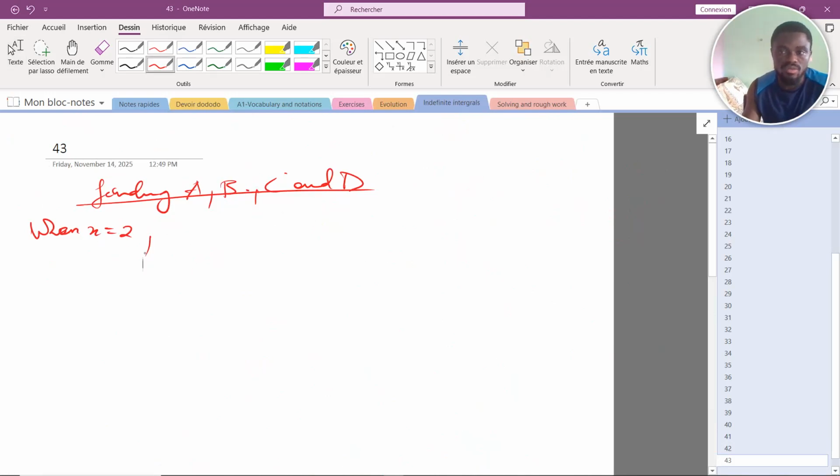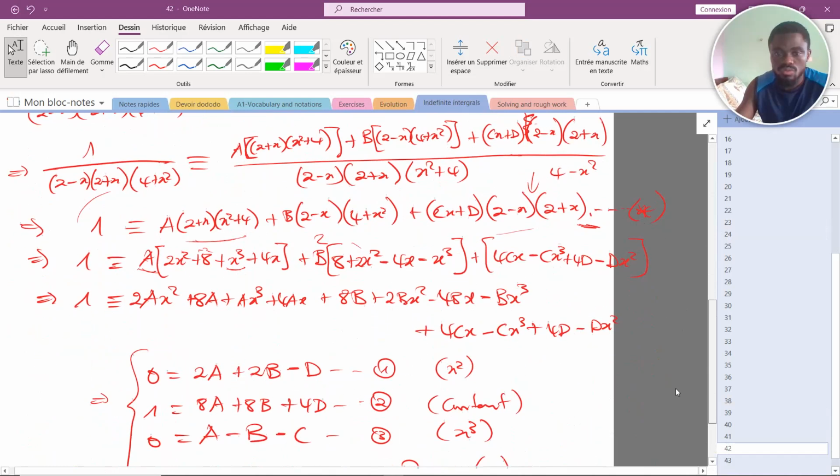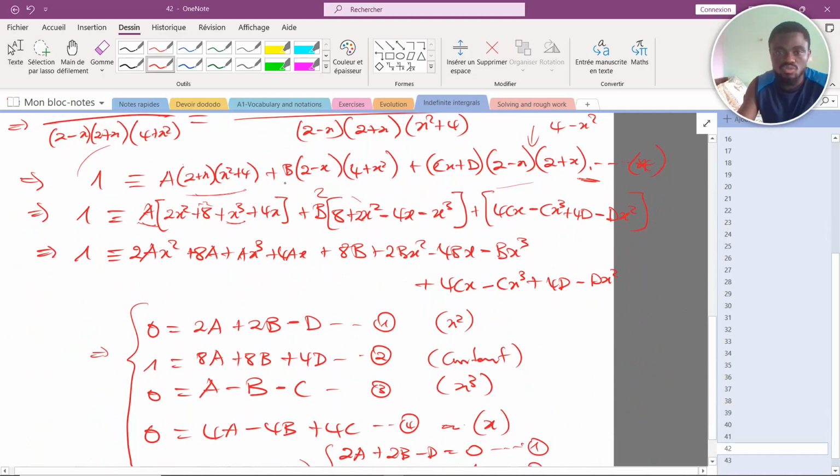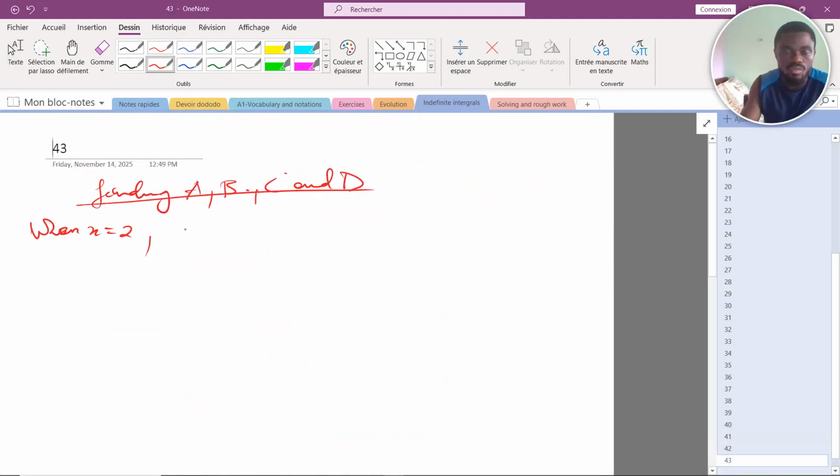So from x equals 2, what are we going to have? When x is equal to 2, this term becomes 0 and this term becomes 0. So I'll be left with 1 being equal to a into 2 plus 2 into 2 square plus 4.